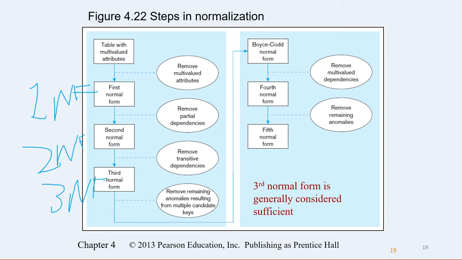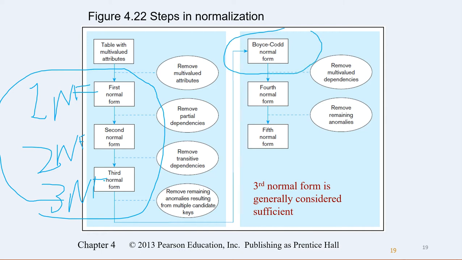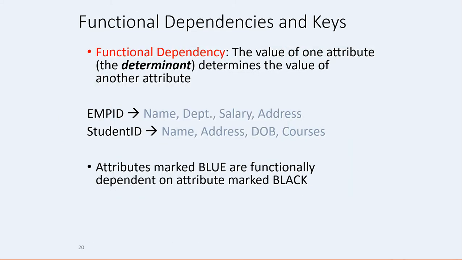As I said, at 3NF you have reached the Boyce-Codd principles of relational database management systems. Once you achieve that, you can convert that file into a physical database. So let's see how we do it.